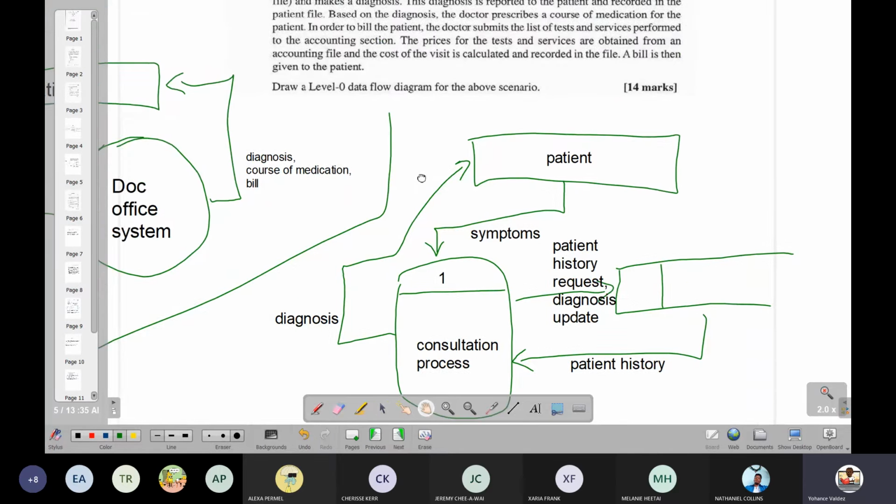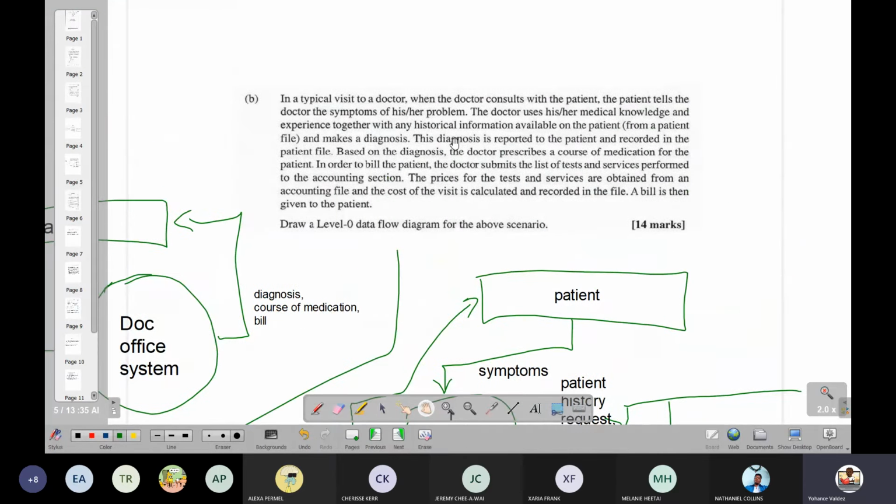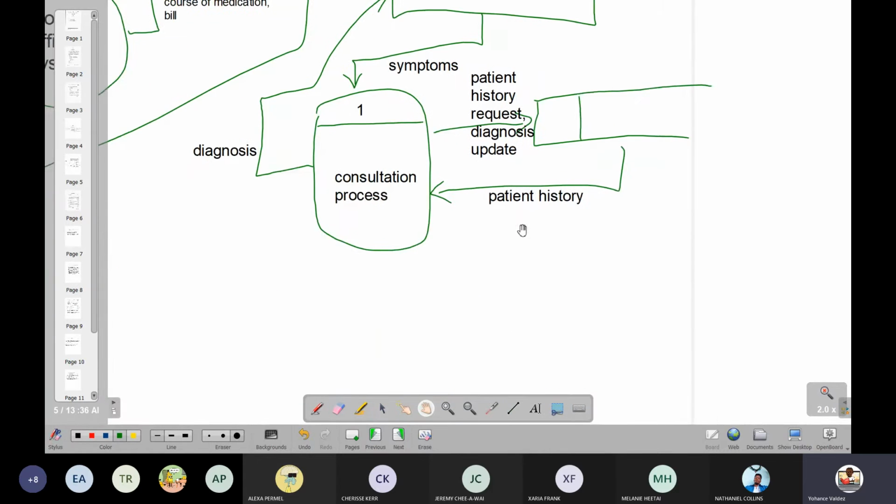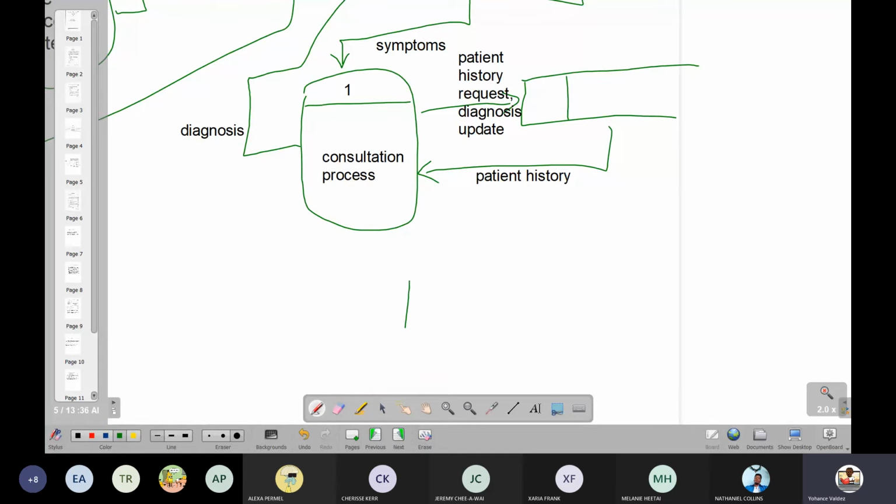And so what's the next thing? The diagnosis is reported to the patient and recorded in the patient file. Based on the diagnosis, the doctor prescribes a course of medication for the patient. So the next step here is to do the prescription.